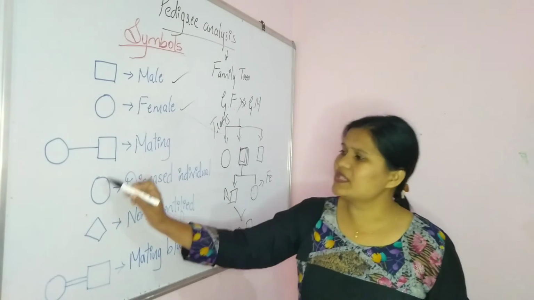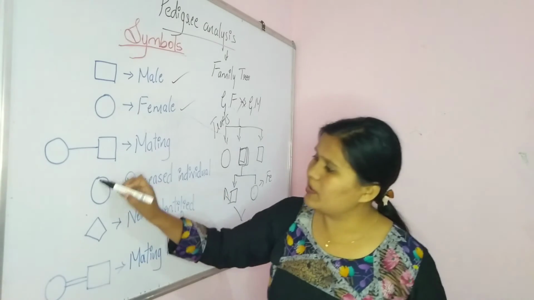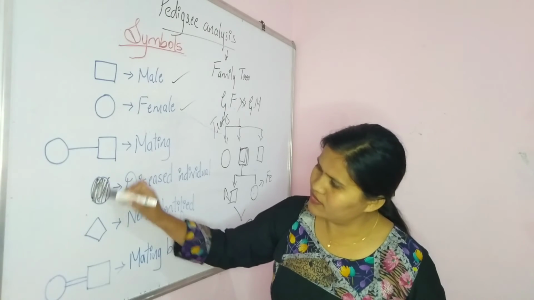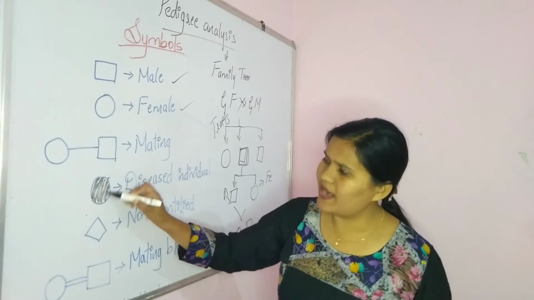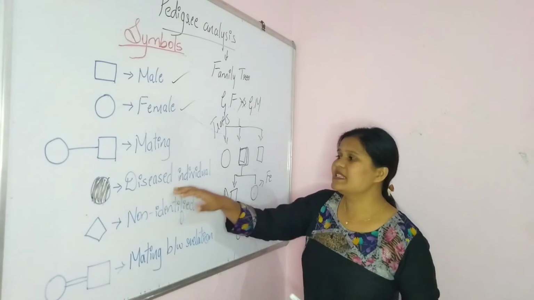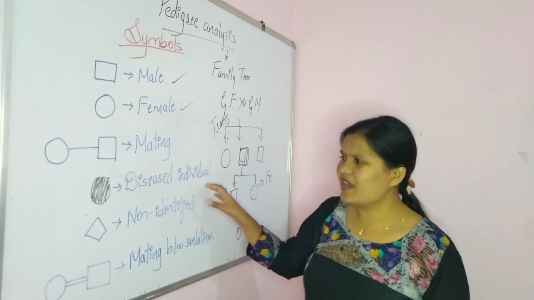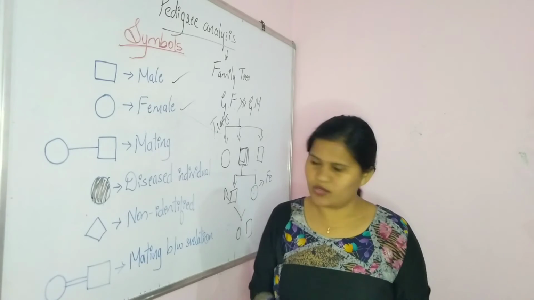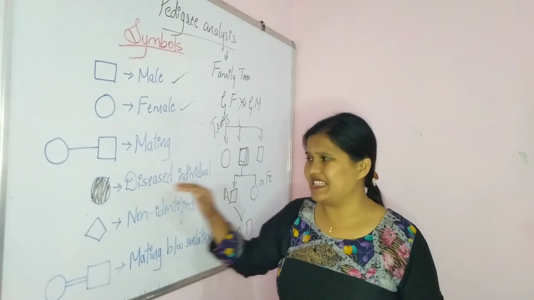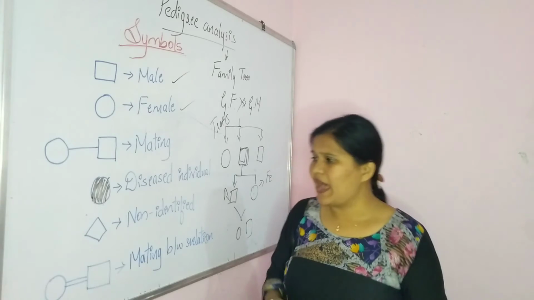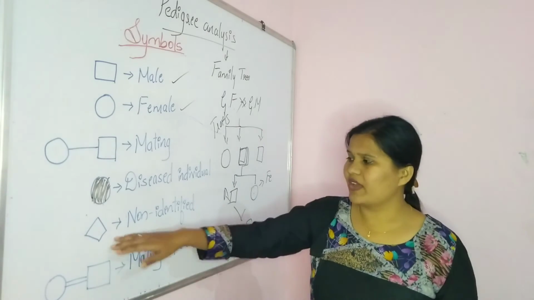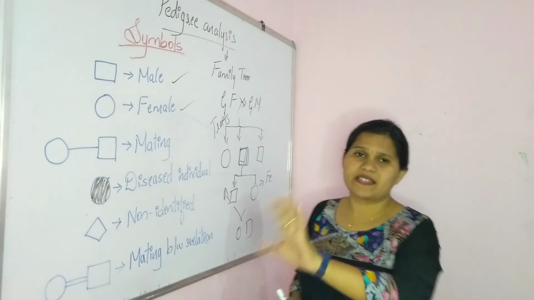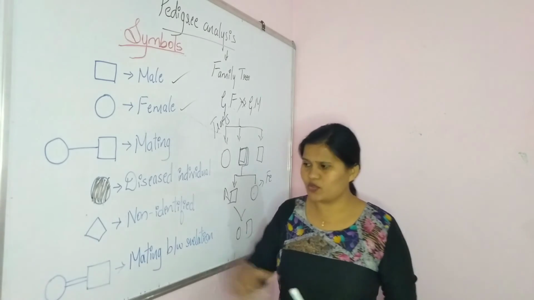Coming to this circle, it will be shaded, okay? This shaded circle is a diseased individual, meaning that particular individual has a disorder. So he or she is the diseased individual. And coming to this structure, it is the non-identified sex, so you won't know which sex it is.